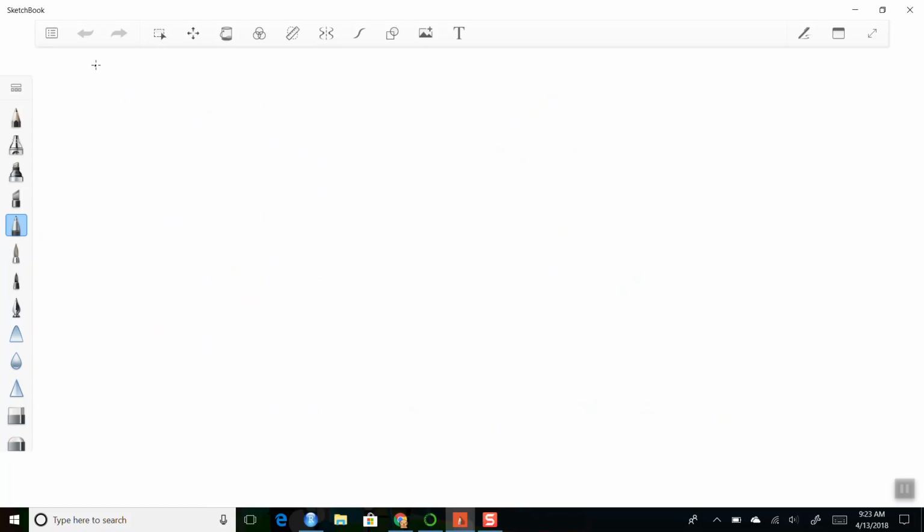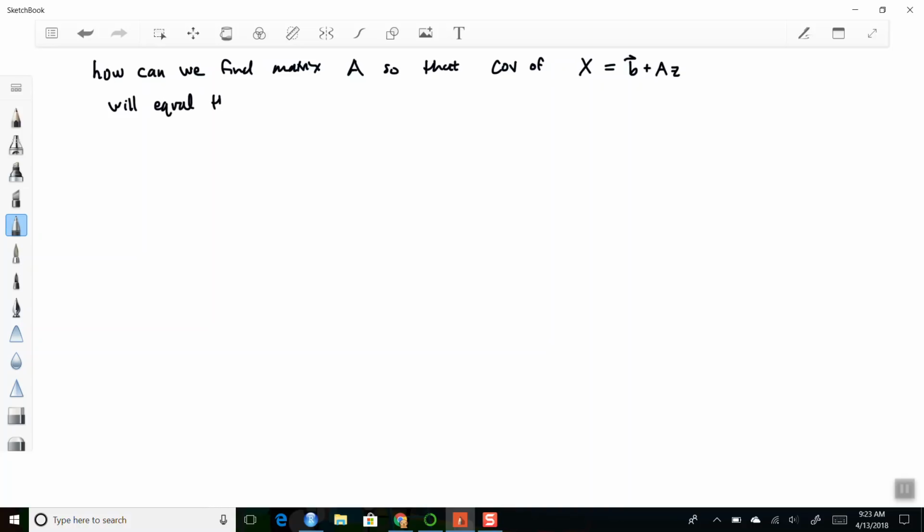Okay, so how can we find matrix A so that the covariance of x, which is defined as b plus a times z, will equal the desired covariance matrix sigma.